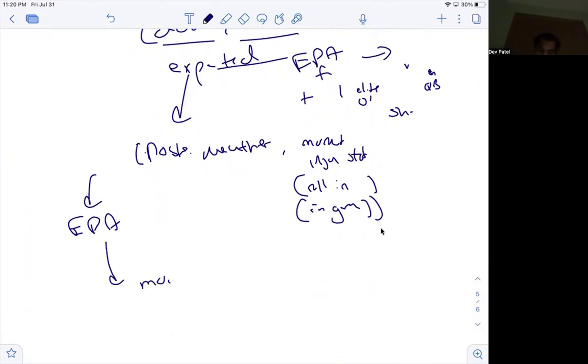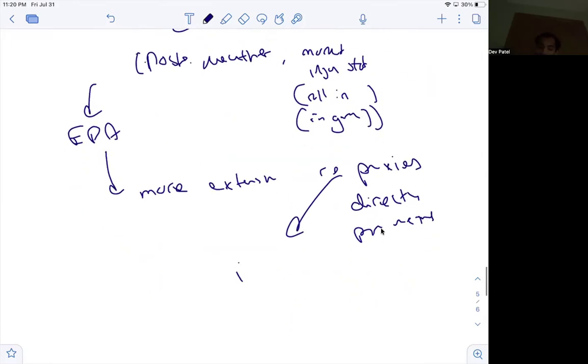But our reward function is going to shape this EPA into a more extensive and elaborate reward that takes into account these latent variables and proxies for these latent variables, because we can't directly observe psychological state or even mental state. So that's why we have these proxies. For fatigue, we have snap count.